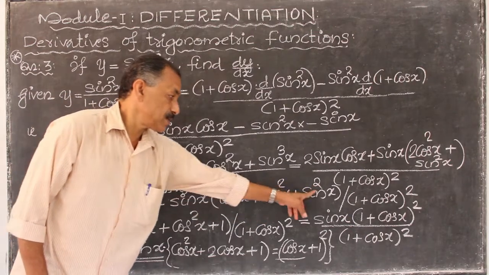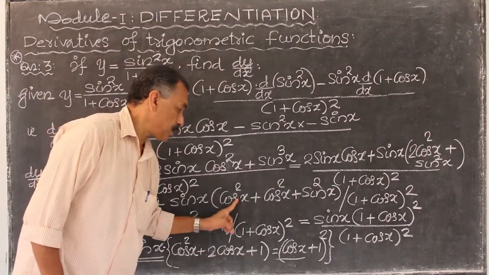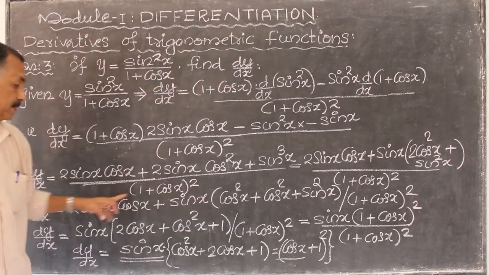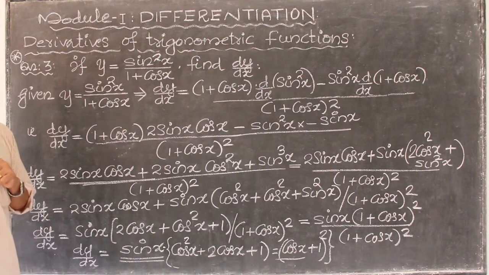Cos square x and sin square x added gives 1 plus cos square x. Here there is sin x in both terms, so take sin x also outside.